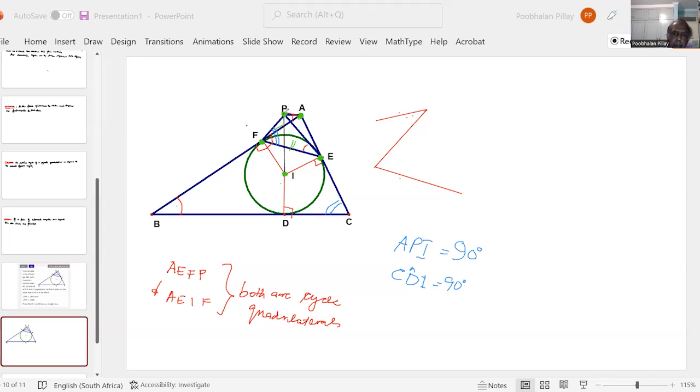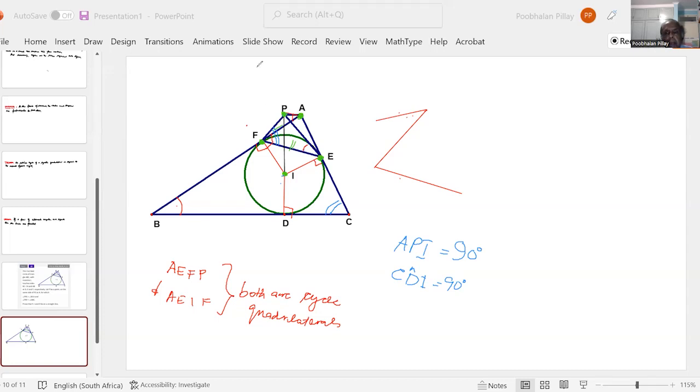So when I take PI and produce it, this is 90 degrees now, API, and this line is parallel to this. If I take PI and produce it, it must be perpendicular to CD, because these are parallel lines. That is 90. But ID is also perpendicular. So that's enough to say that P, I and D lie on the same straight line, because ID is perpendicular and PD is perpendicular. So the only way that can happen is P, I and D lie on this transversal.